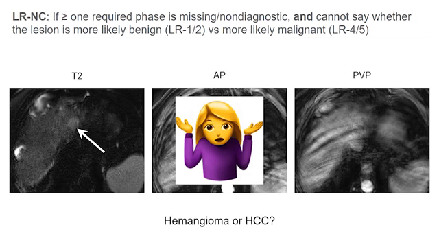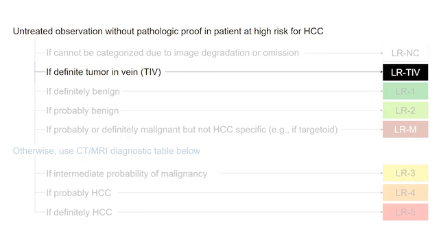It's also important to remember LR-NC should not be applied when the lesion just has a very unusual appearance or you're really not sure which category it should fall in. Again, LR-NC is really applicable only when we have technical issues. The next node in the decision tree is LR-TIV, which is definitely tumor in vein.